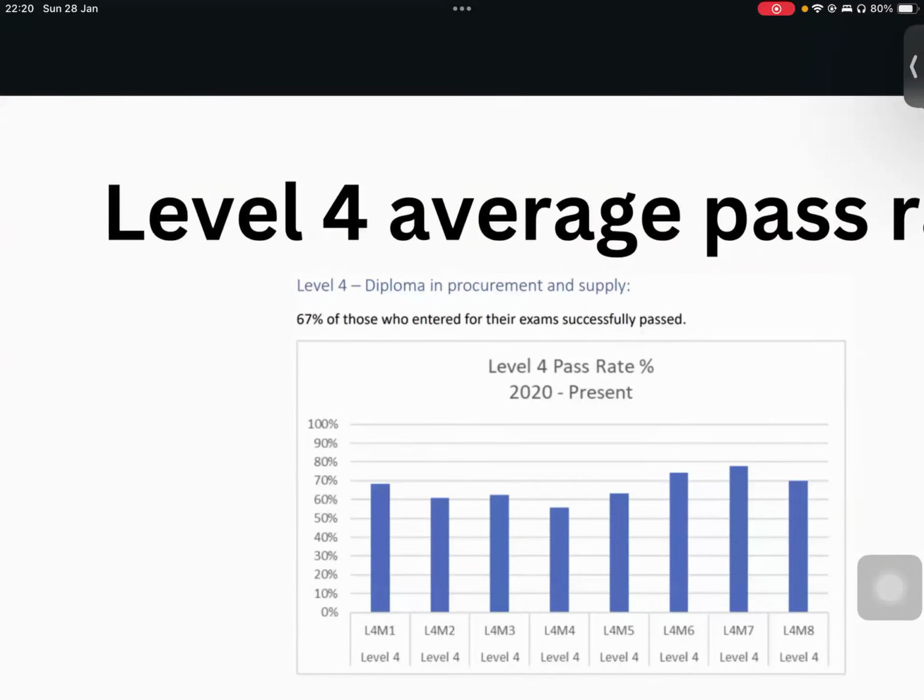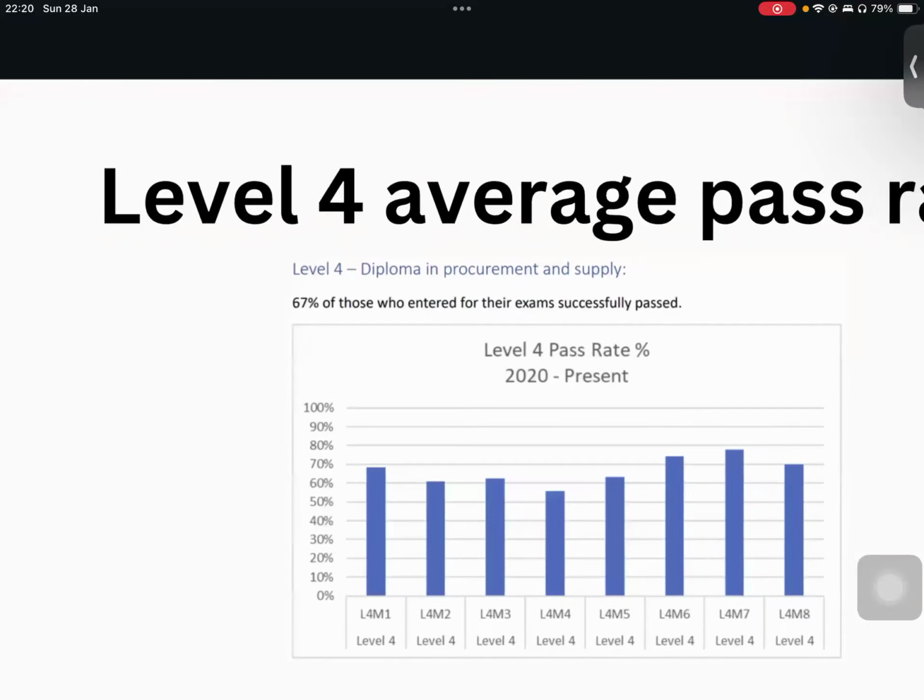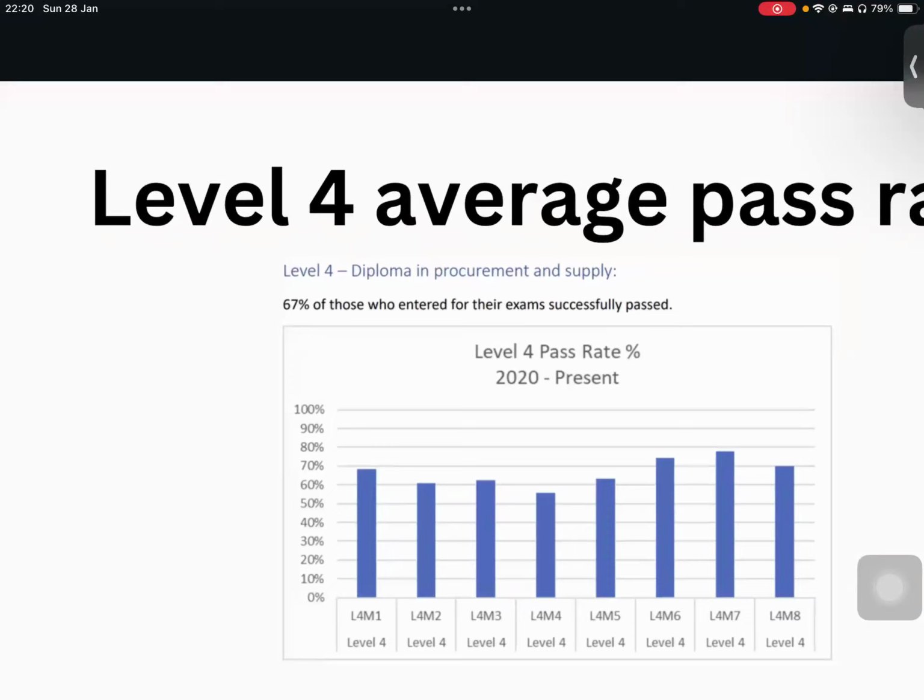As I said, FM4 along with FM8 are the modules with very significant change in level 4. Therefore, I believe that after the change this March, FM4 will have a higher pass rate than in the past because it is simplified and some parts are removed, especially the financial ratio calculation.